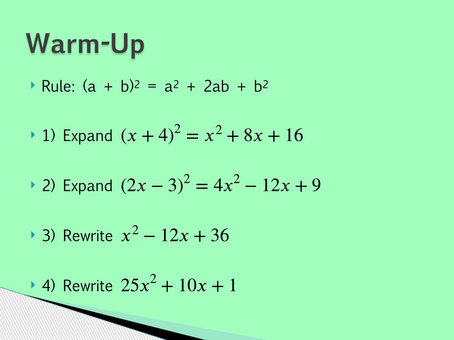When I multiply by 2, I need to multiply 2 times 2x, and then I also need to multiply by negative 3. So when I'm multiplying those across, I don't want to forget that negative there, and that's where the negative 12x comes from. And then when I'm squaring that negative 3, I've got negative 3 squared, which, again, is a negative times a negative, which is going to make a positive, to give me 4x squared minus 12x plus 9.